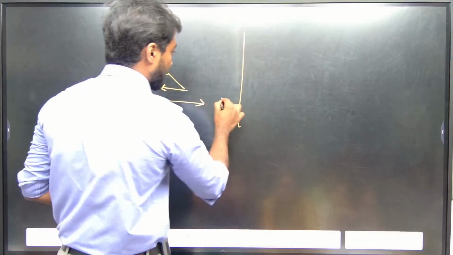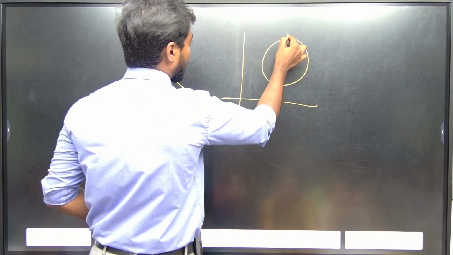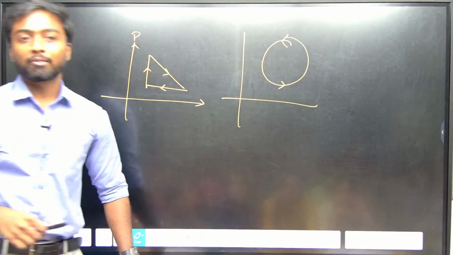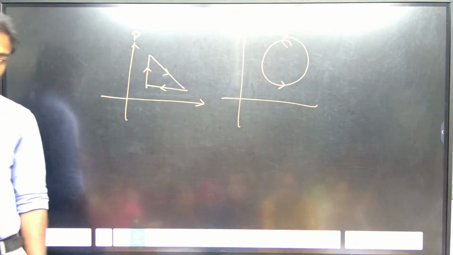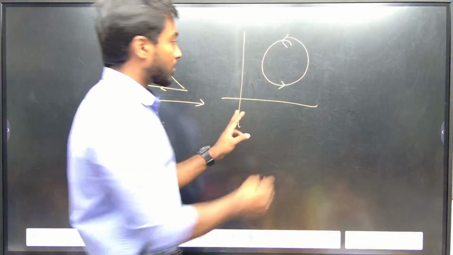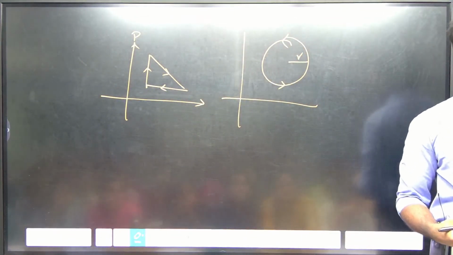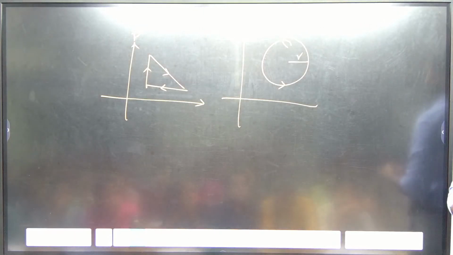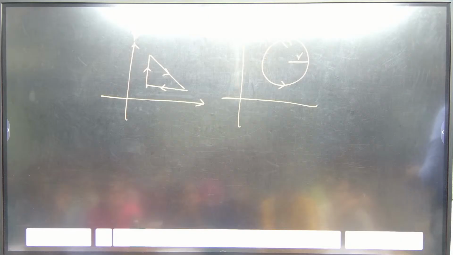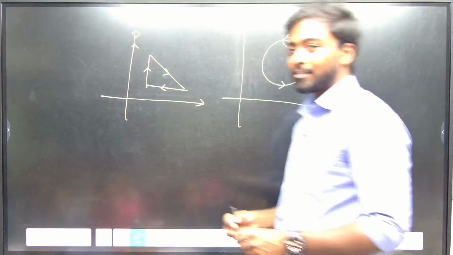Suppose the graph looks like this circle, so what will be the work done? Negative. Let the radius be R. What is the work done now? Area under the graph, area of the circle, pi r square.